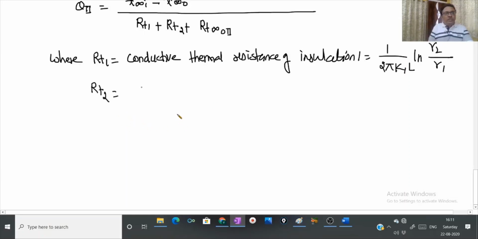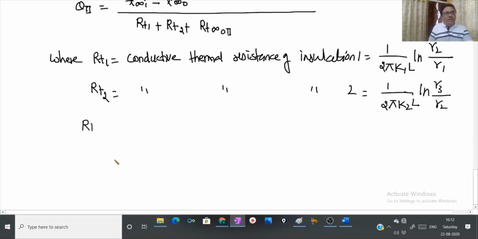RT2 is the conductive thermal resistance of insulation 2, calculated as 1 over 2 pi K2 L log of R3 over R2.